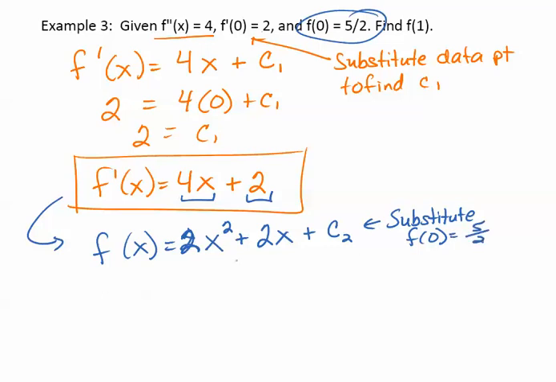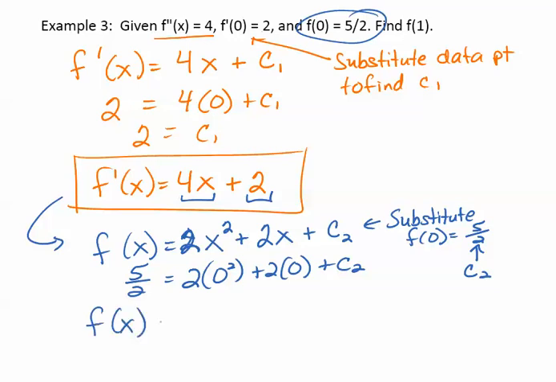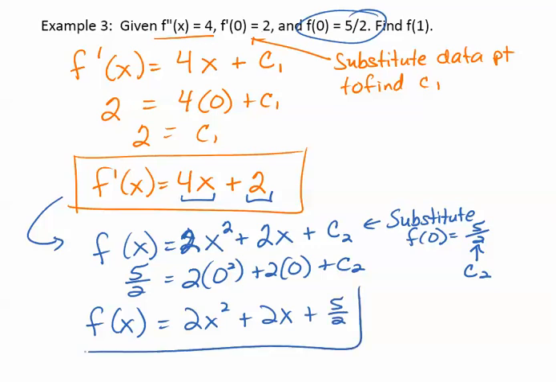So you'll quickly figure out here that you probably don't really have to put 0 squared here and 2 times 0. You can probably see that they're telling you that this is the value of c2. So there's our function, 2x squared plus 2x plus 5/2.